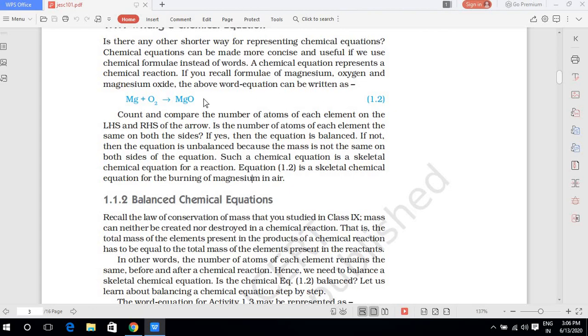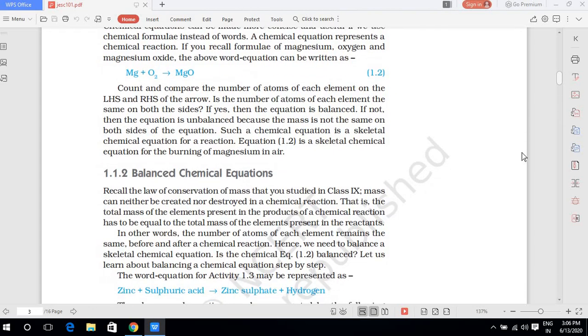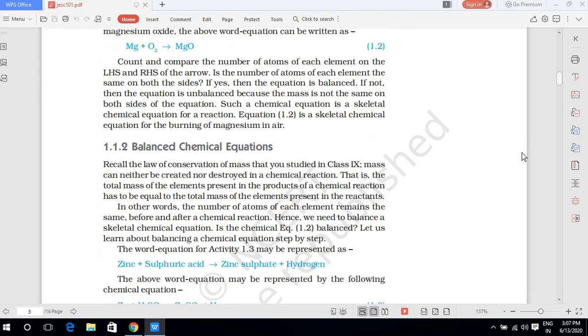So anyone can just write out a chemical equation, but if it is not balanced, then it is not quite a suitable one, or the reaction may not be possible to ever occur. So it is an error chemical equation. All written forms of chemical equation cannot necessarily occur. So that's why we have these balanced chemical equations.